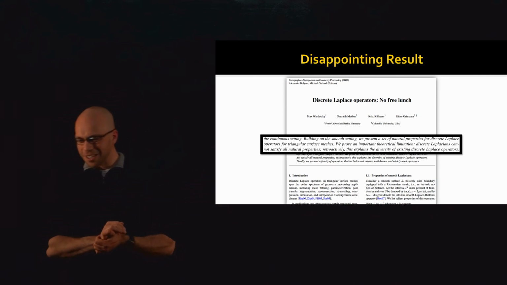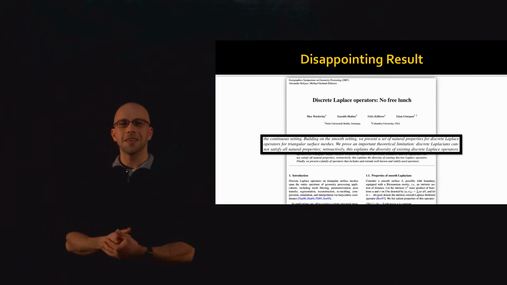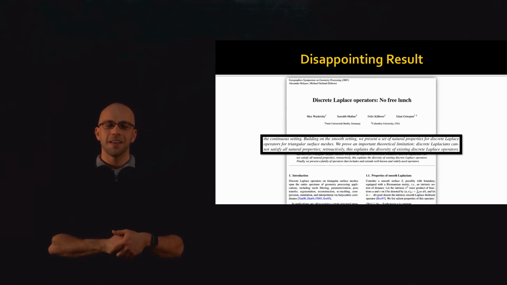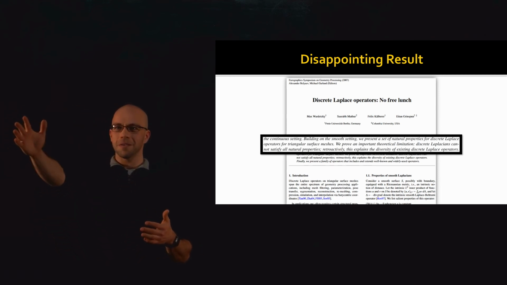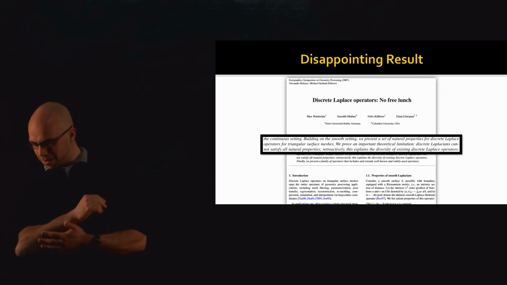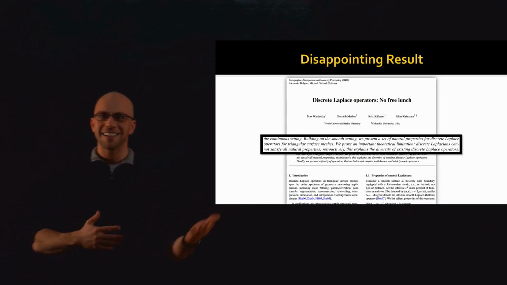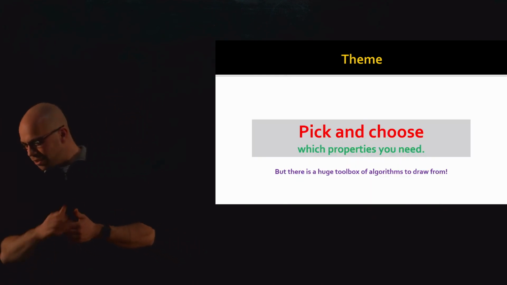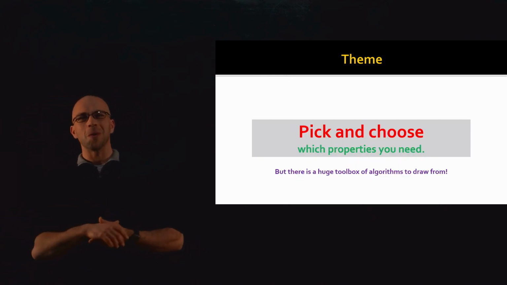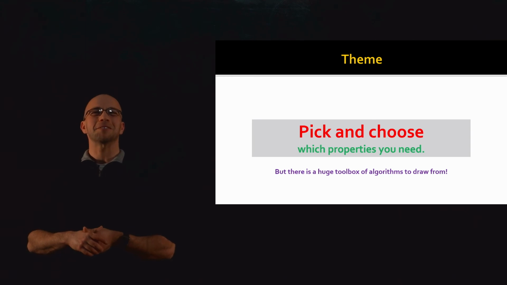That if you're an engineer working with discrete geometry, even if you care about a bunch of smooth properties of your domain that you only have approximate access to, you have to pick and choose which properties you need to measure well, and you can't necessarily measure them all well.